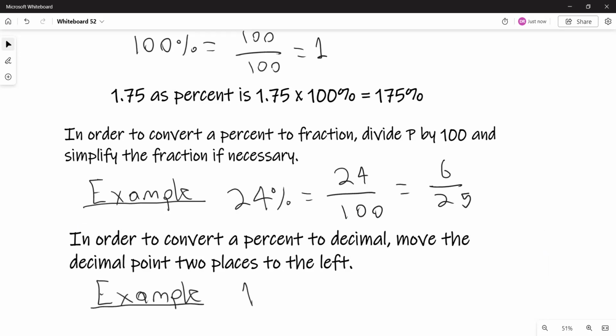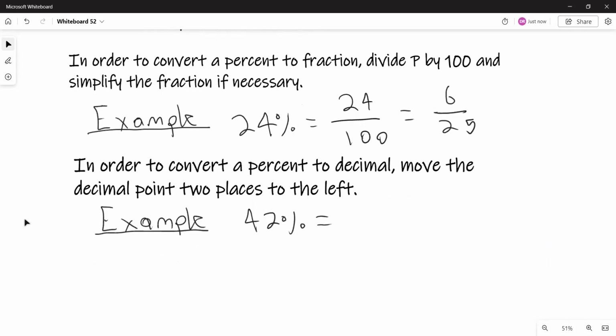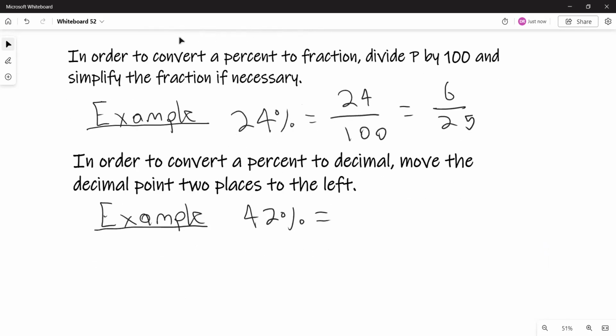Okay, so 42% is 42 divided by 100. Just move the decimal point 2 places to the left, and this is 0.42.